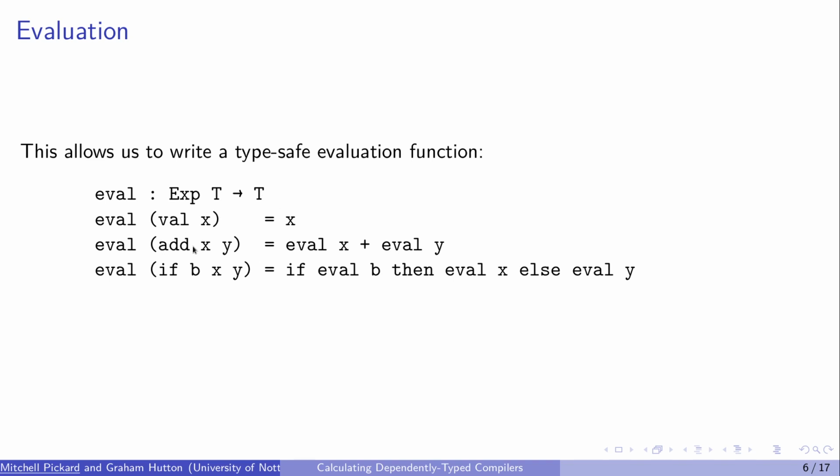An addition now, because we specified previously from the type of add that the two expressions have to be natural numbers expressions, once we evaluate this recursively, we know this is going to be a natural number. So we can add together these two natural numbers to get a natural number out the other side. And it's exactly the same thing with if. Because we have that proof of the types before, we can plug it straight into Agda's if then else function, and it will all just work.